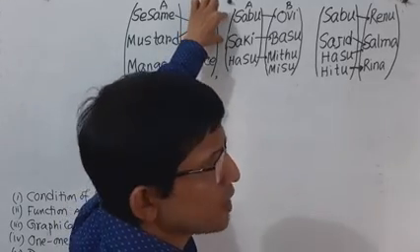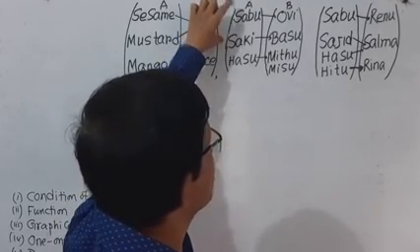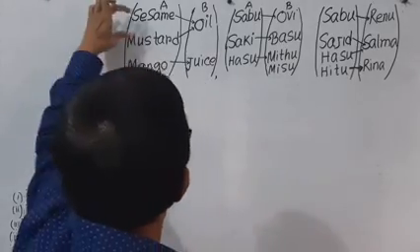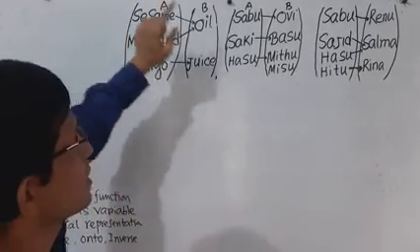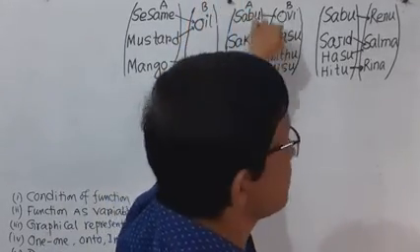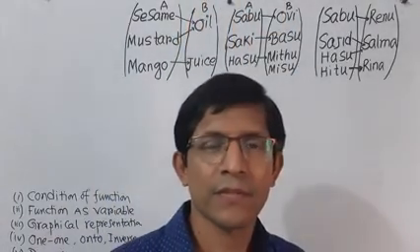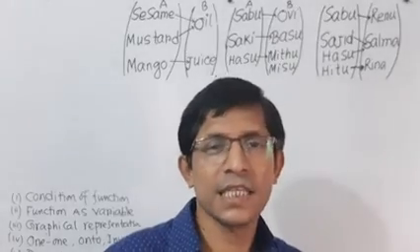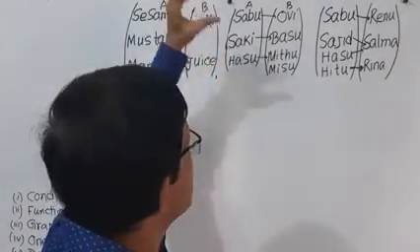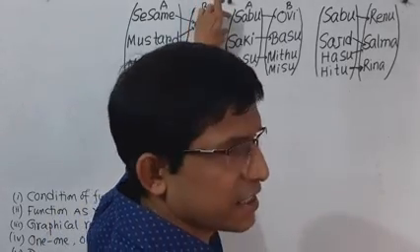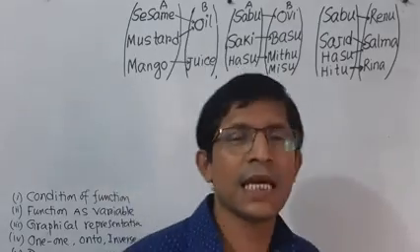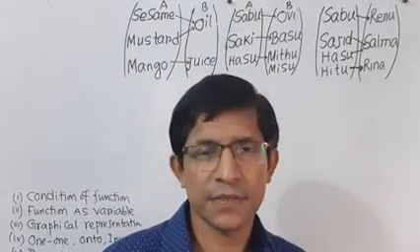no two individual elements of set A have the same image. Here two individual elements but the same image. Here individual elements and their images are not the same. So we can easily give the definition of a one-one function: if the individual elements of the first set have individual elements in the second set.